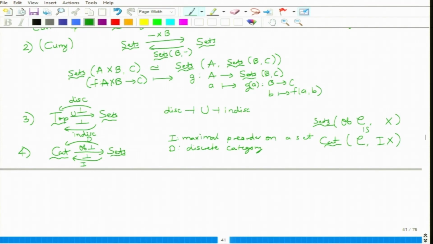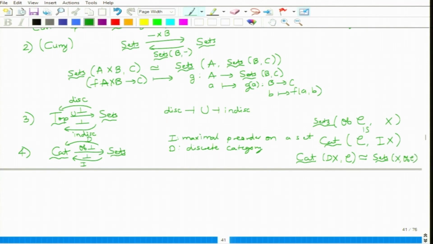Because what's happening? Well, maybe I should write it just to make sure you understand this. So Cat(DX, C) is in bijection with Sets(X, ob C).